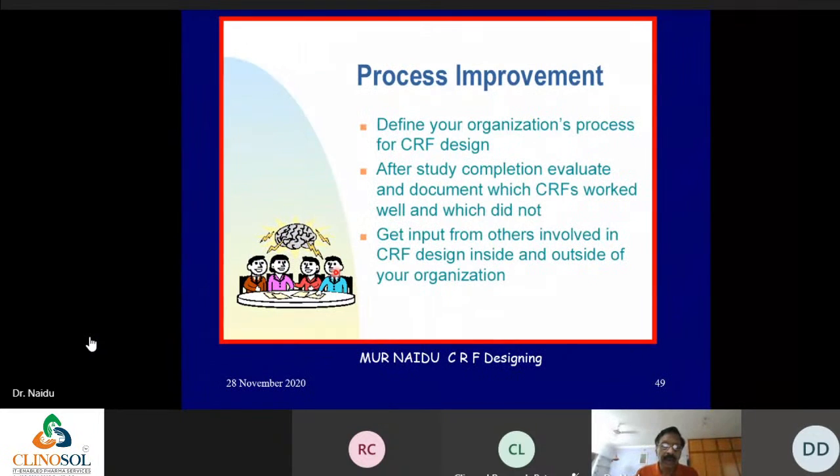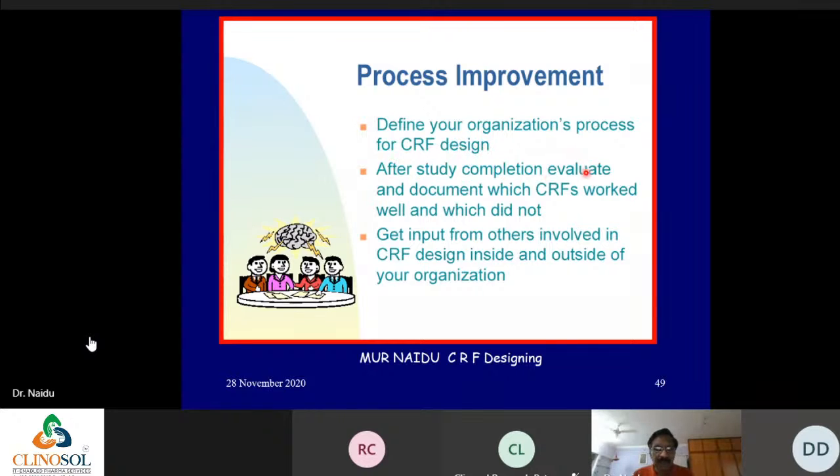Now, when you are designing the protocol, you are preparing the protocol, and we are working, what is the process of improvement? Because everybody is designing and preparing, and we make mistakes and we do some of the things right. So there is an improvement process. First is that define your organization process for designing the CRF.